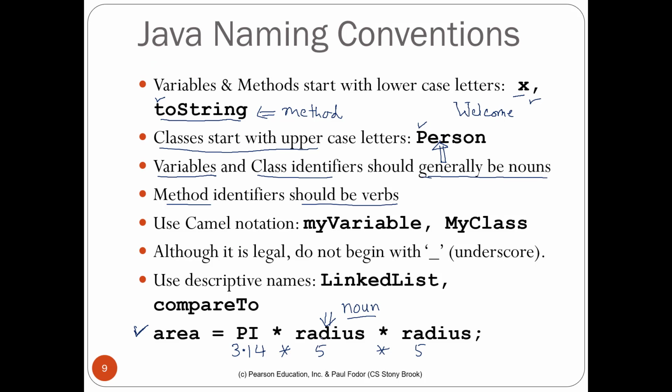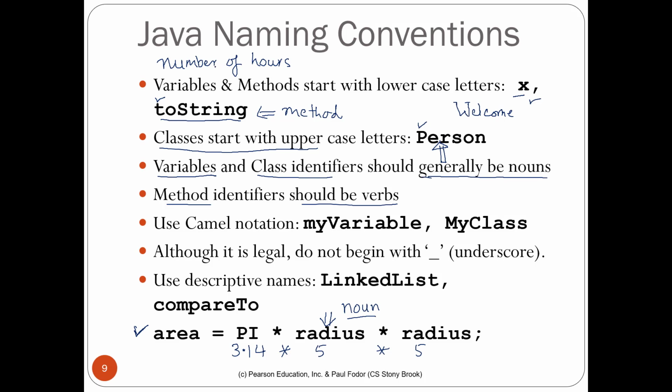Assume that I am writing a program where I need to store the number of hours, like how many hours an employee has put in, so that I can find out the salary for that person.